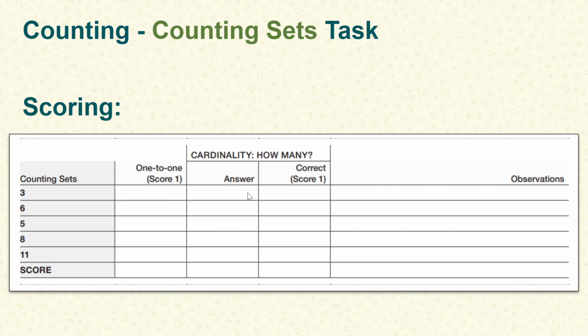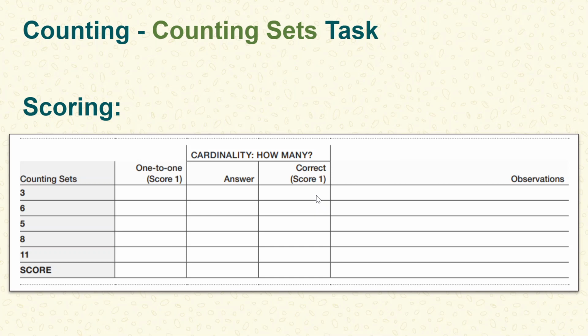Then when you ask, "So how many are there altogether?" if the child answers 3 again, or the final number that they counted, they would score 1 more point for being able to name that last number counted as the total.